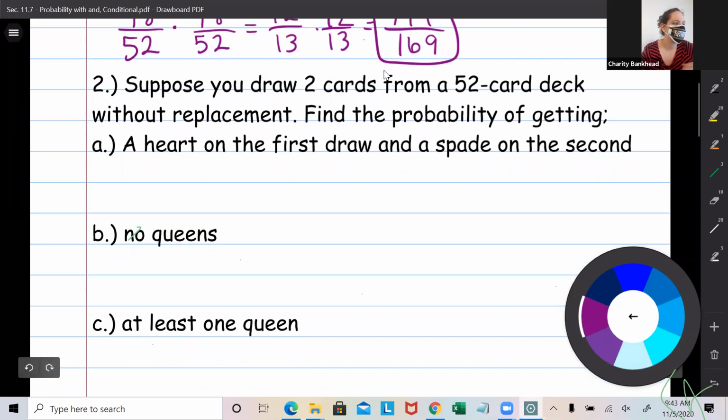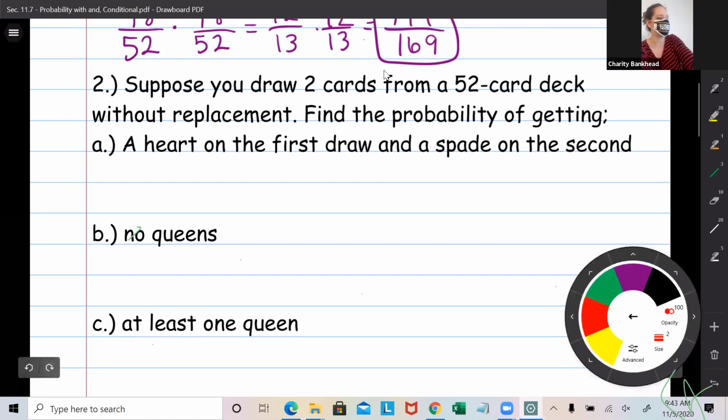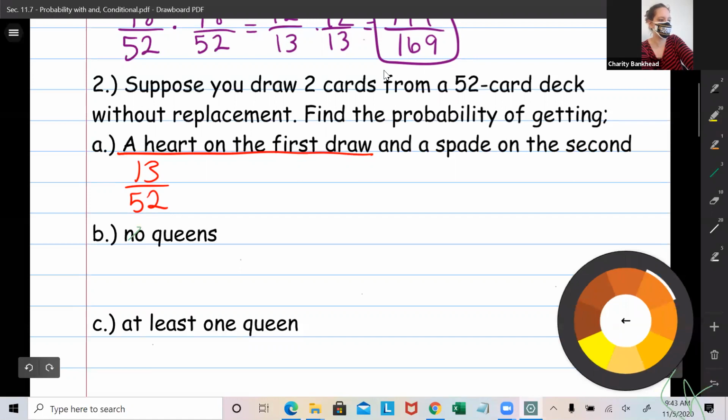All right, so find the probability of getting a heart on the first draw and a spade on the second. Probability of getting a heart the first time: there's 13 hearts out of 52. And then a spade on the second. So you have that heart in your hand.